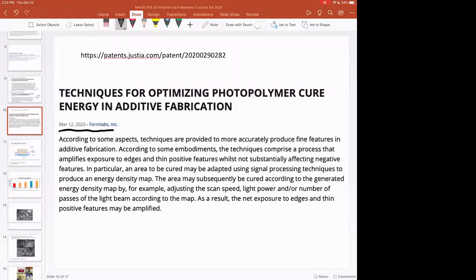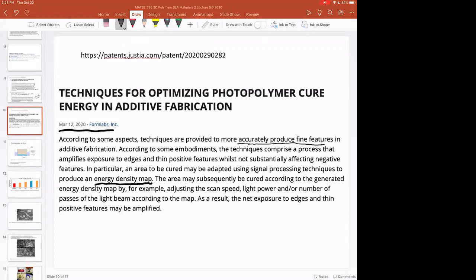And so this Formlabs patent application is really talking about how to produce accurate features using this idea of an energy density map.